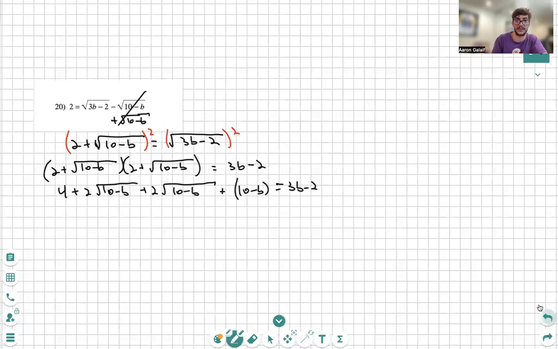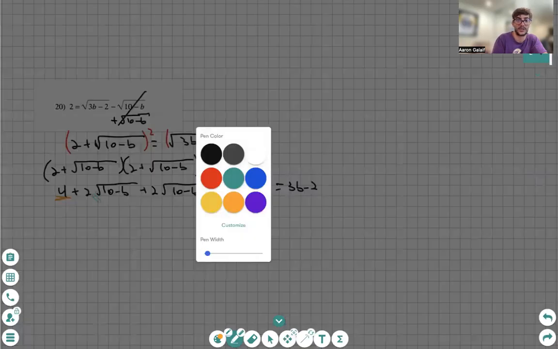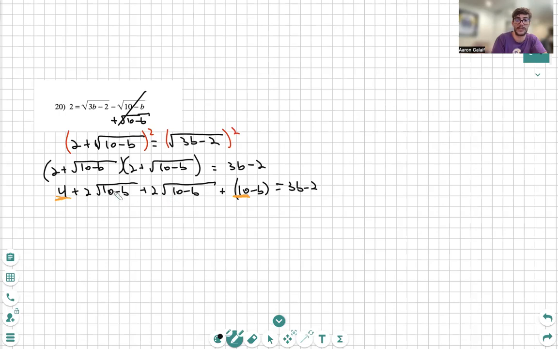Let's do an underline so it's not messy. And 2 square root 10 minus b plus 2 square root 10 minus b is 4 square root 10 minus b. 10 plus 4 is 14 minus b equals 3b minus 2.